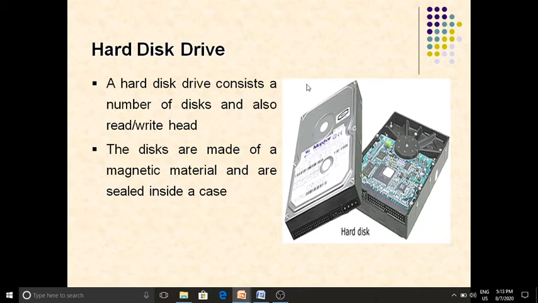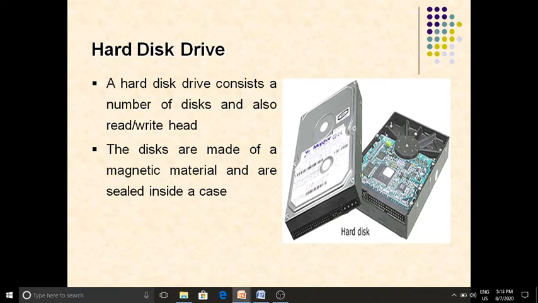A hard disk drive consists of a number of disks and also a read write head. The disks are made up of magnetic material and are sealed inside a case.